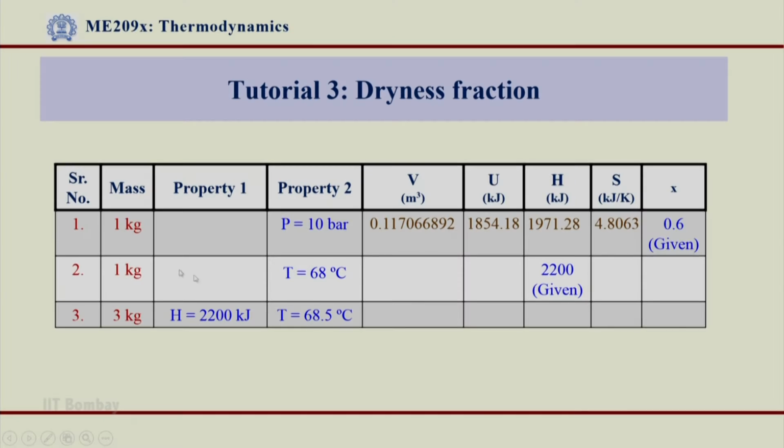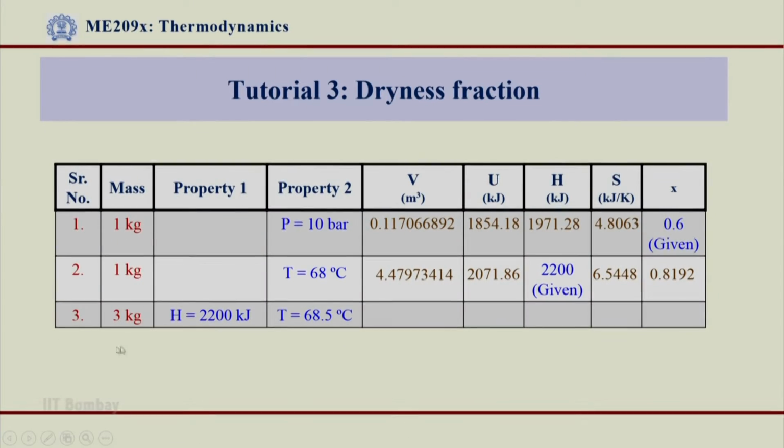So in this table, just by knowing the two values, T equal to 68 degrees centigrade and h equal to 2200, we can get all other values: v equal to 4.47 meter cube, u equal to 2071, s equal to 6.54, and x, as we found first, equal to 0.8192. Although these values have been given with larger decimal points, you can just keep the first two digits after the decimal, and that is good enough.